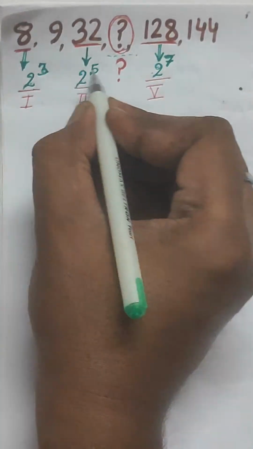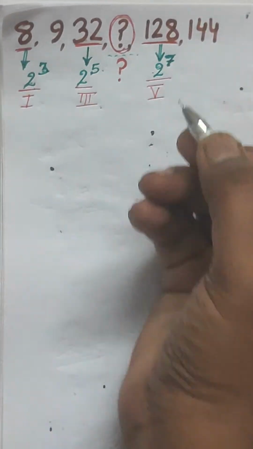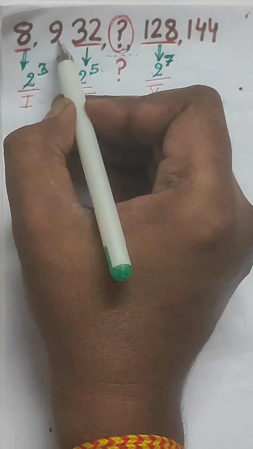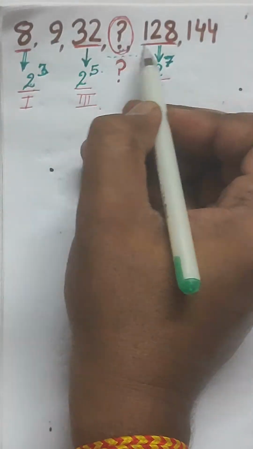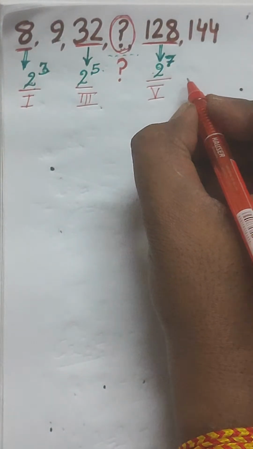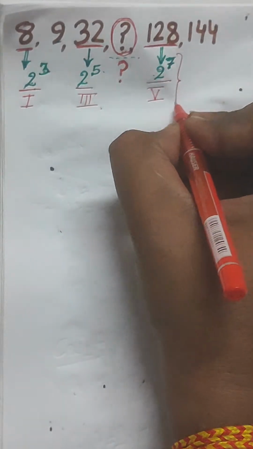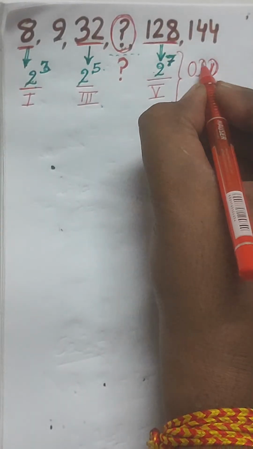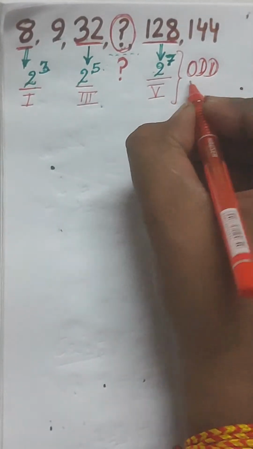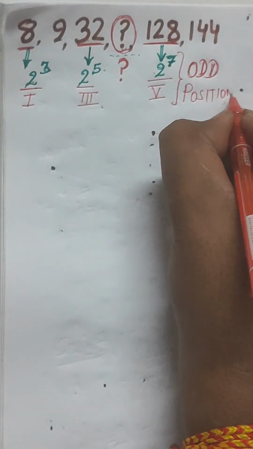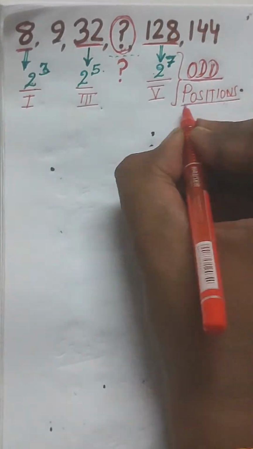You can see 3, 5, 7, all the exponents are odd. So these are the relations or logic followed for the odd positions.